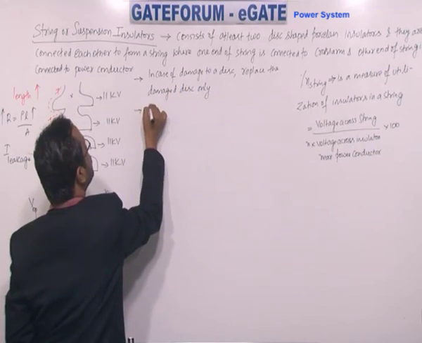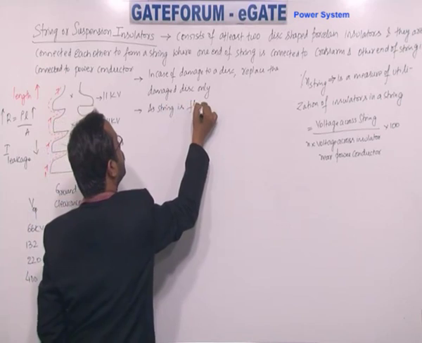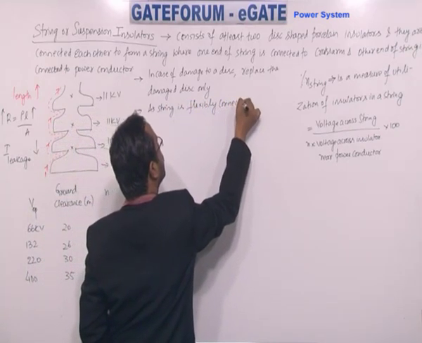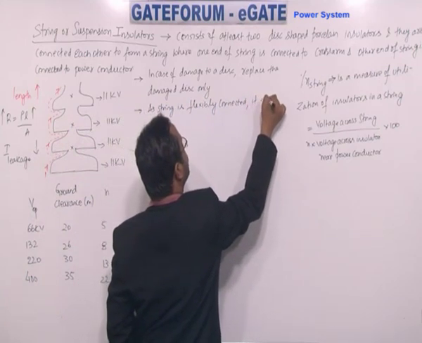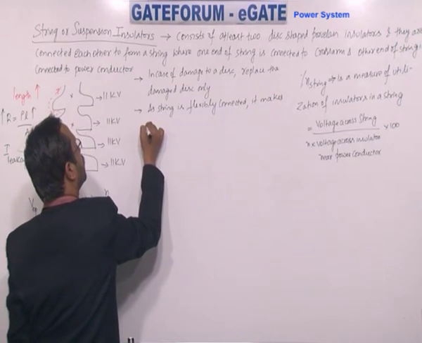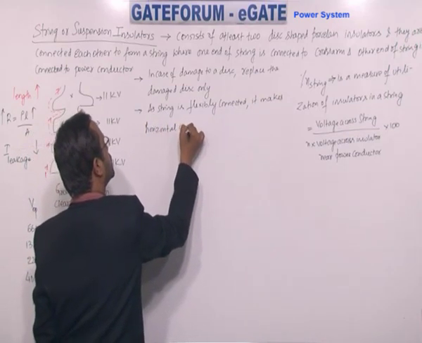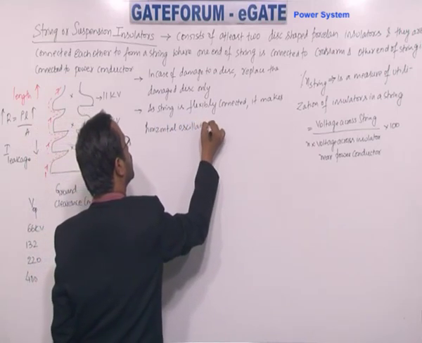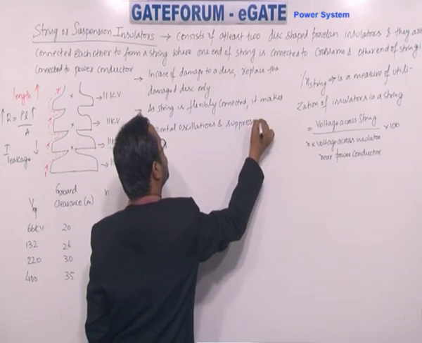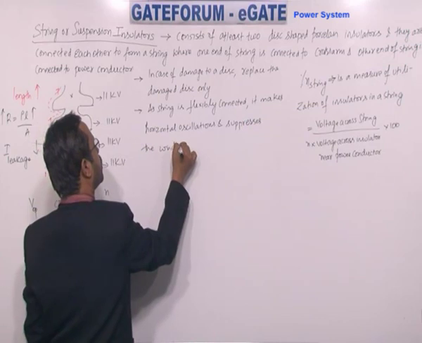Next one is, as the string is flexibly connected, it makes horizontal oscillations and at the same time suppresses the wind effect.